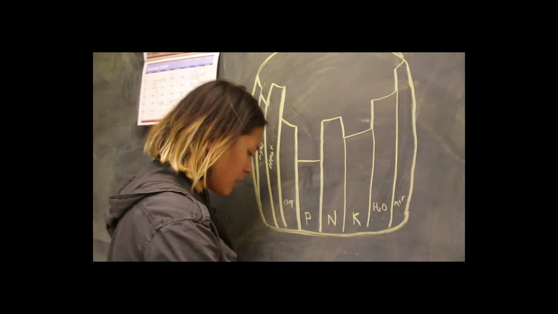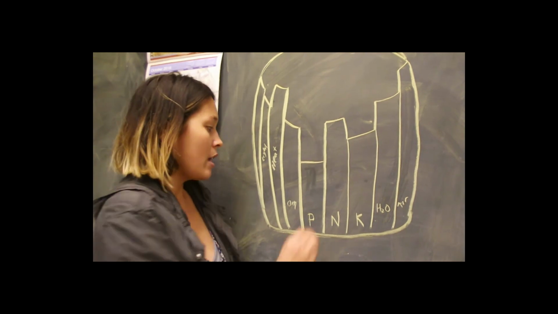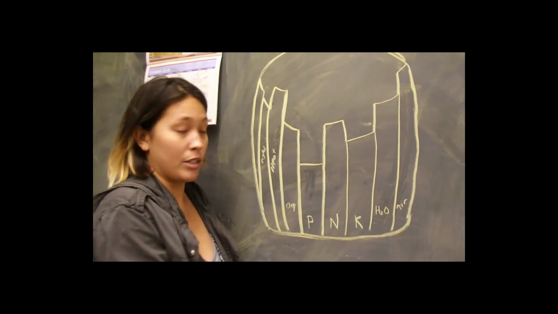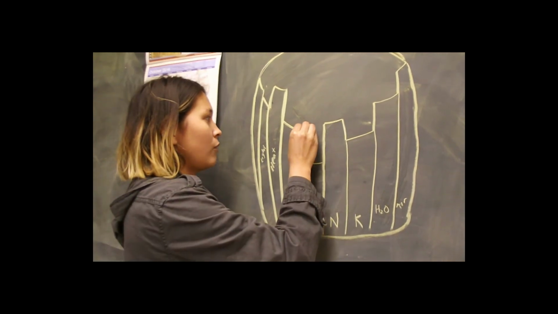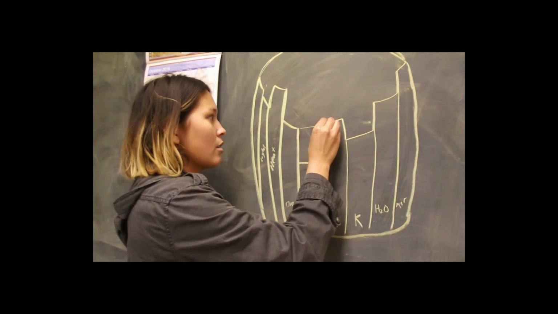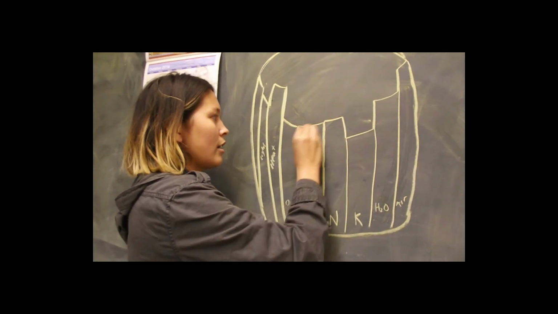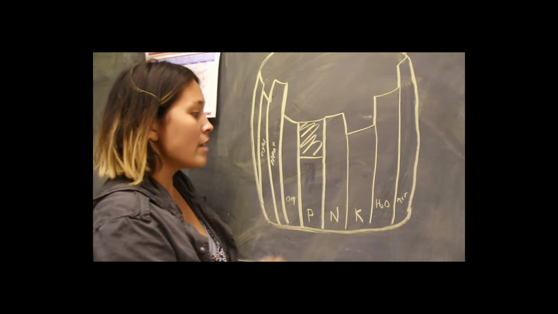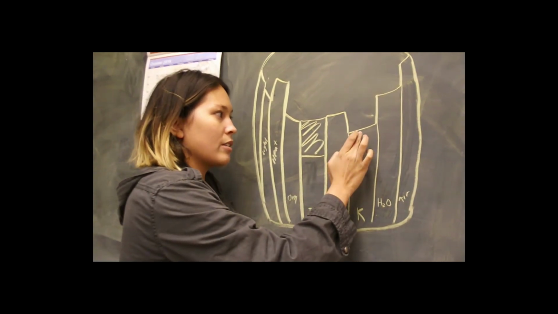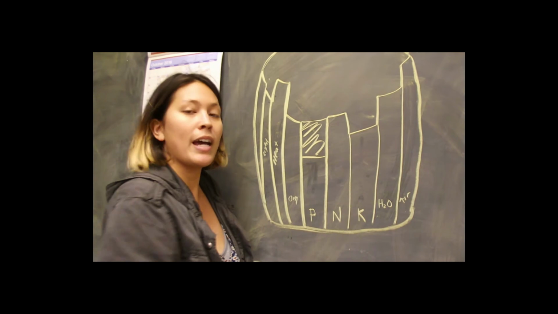Our most limiting factor in this particular instance is phosphorus. If we wanted to increase the phosphorus up to a greater height, then the next limiting factor is the next smallest one, which is potassium.